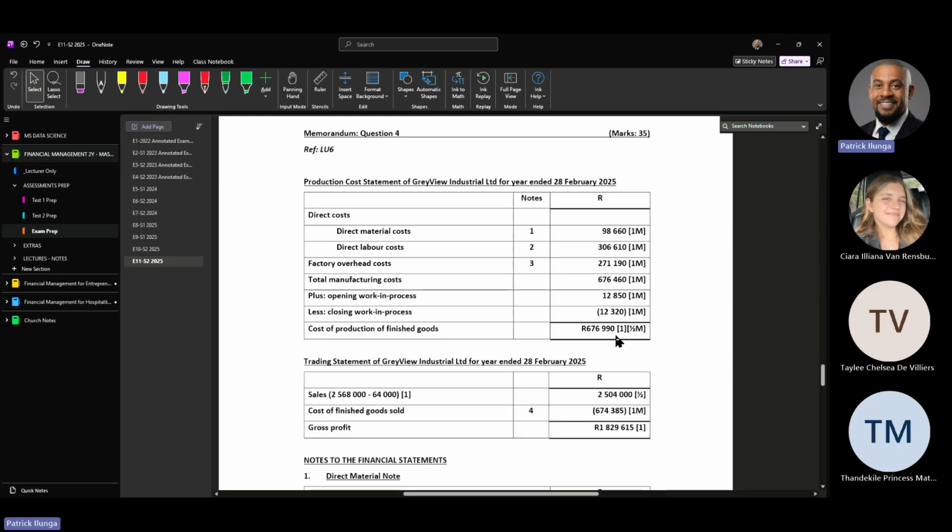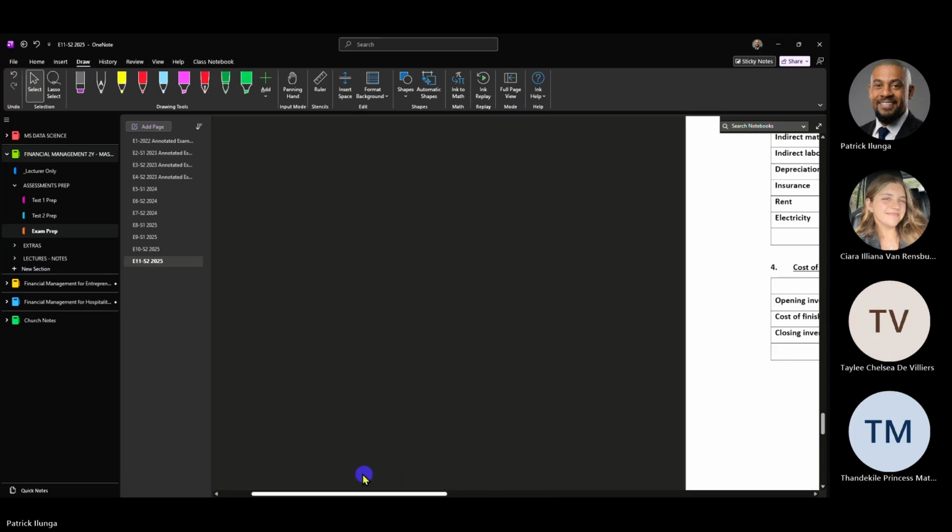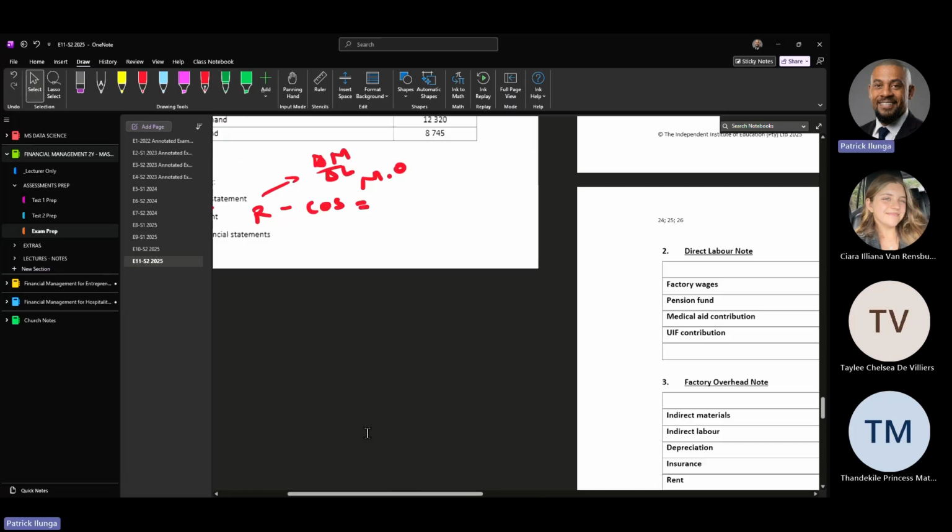Production gives you the total production. So you take the opening inventory of finished goods plus the total production for this period minus the closing inventory of finished goods. Does that make sense here?